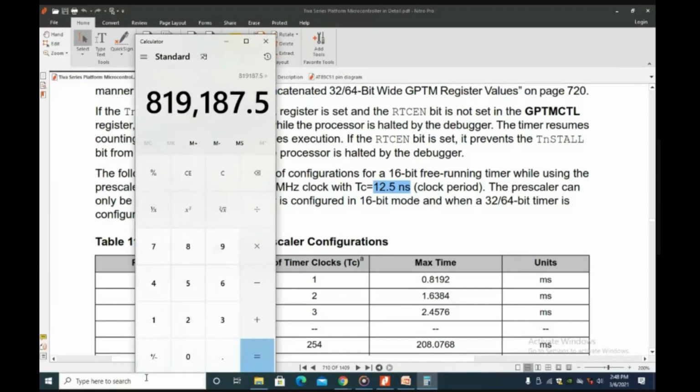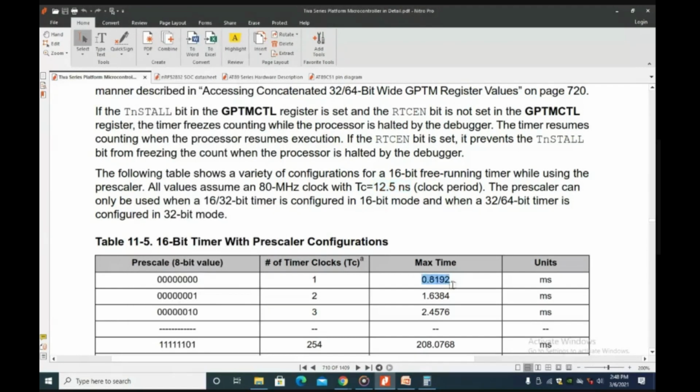When it is divided by 1000, this will become microseconds, 819 microseconds. Again, when it is divided by 1000, it will become milliseconds. So it is 0.8192 millisecond. If a 16-bit timer overflows when there is no prescaler value, every overflow is equal to 0.8192 millisecond.